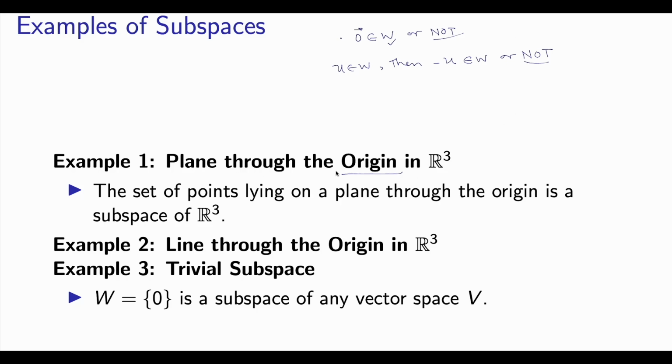So now let us see a plane through the origin in R3. Let's say this is X, this is Y and this is Z. If I say the XY plane, this plane passes through the origin.